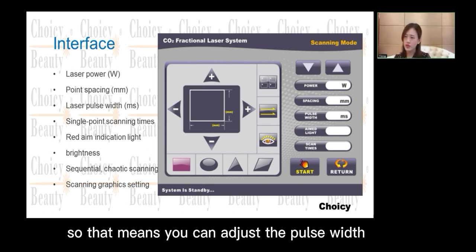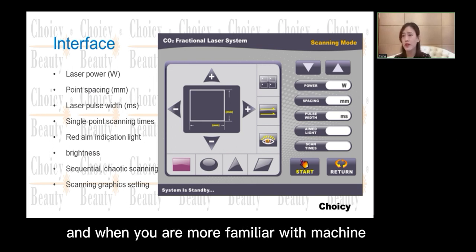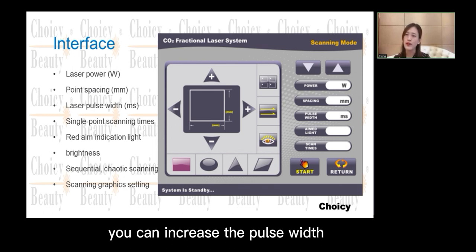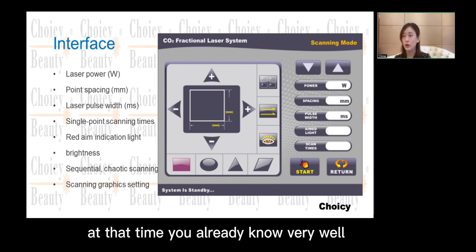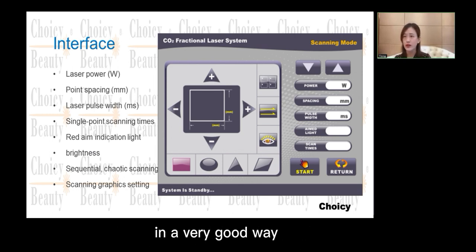Set the pulse width very small, and when you are more familiar with the machine, you can increase it. At that time, you already know how to control the pulse width well.